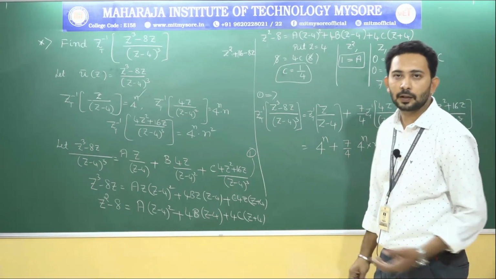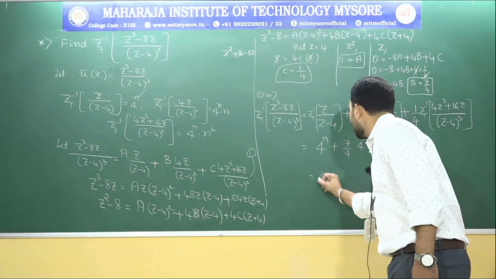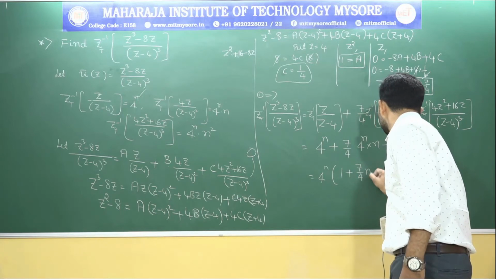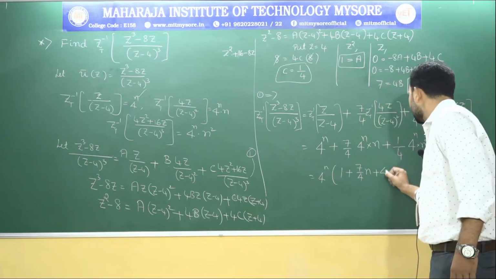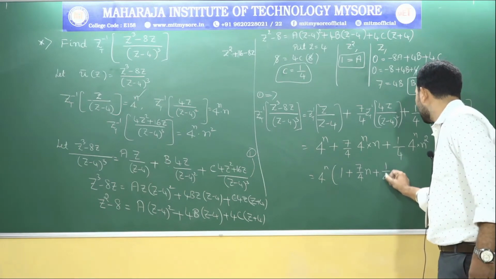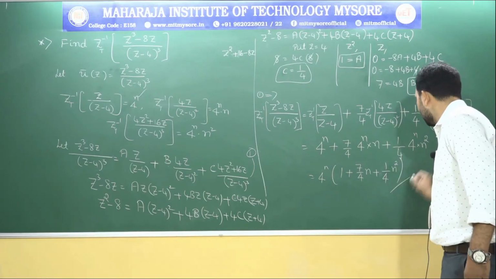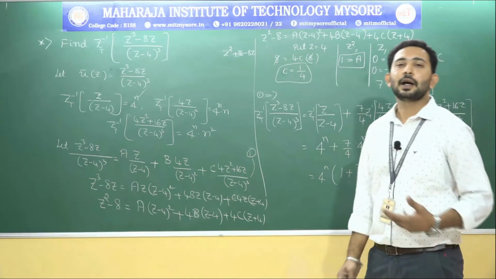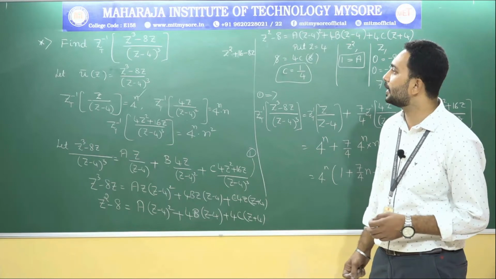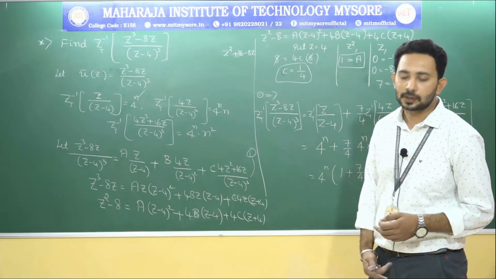We can take 4 power n common, and we will get 1 plus 7 by 4 n plus 1 by 4 n square. So this is the required result for the problem (z cube minus 8z) divided by (z minus 4) whole cube.